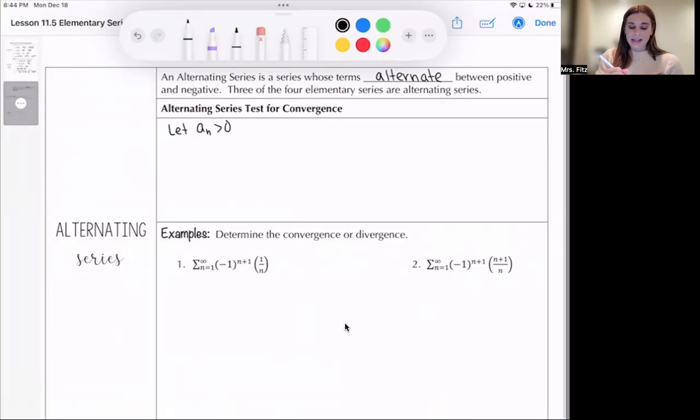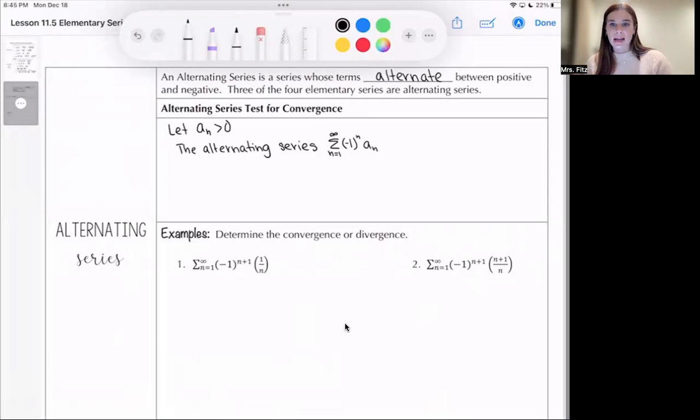So the alternating series, which is the sum from n equals 1 to infinity of -1 to the nth times a sub n. Notice that a sub n is the non-alternating part of this series, right?